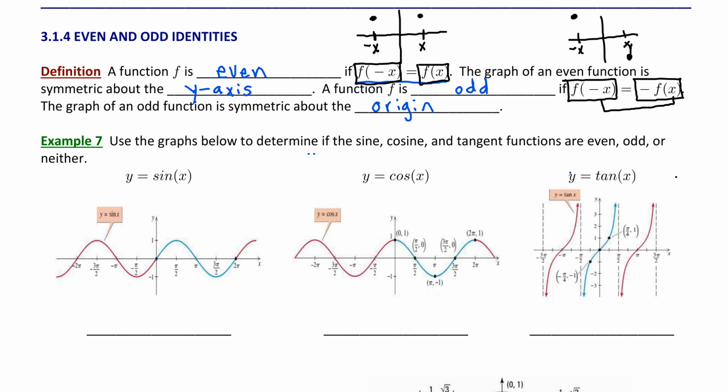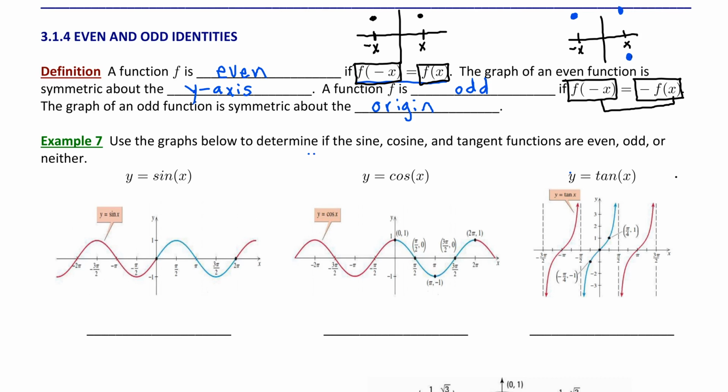This creates symmetry about the origin. Symmetry about the origin is a type of rotational symmetry. Or another way that you can think about symmetry about the origin is in terms of two reflections. If I take this point and I reflect it across both the x-axis and the y-axis, I land on the other point. So even functions are symmetric about the y-axis and odd functions are symmetric about the origin.